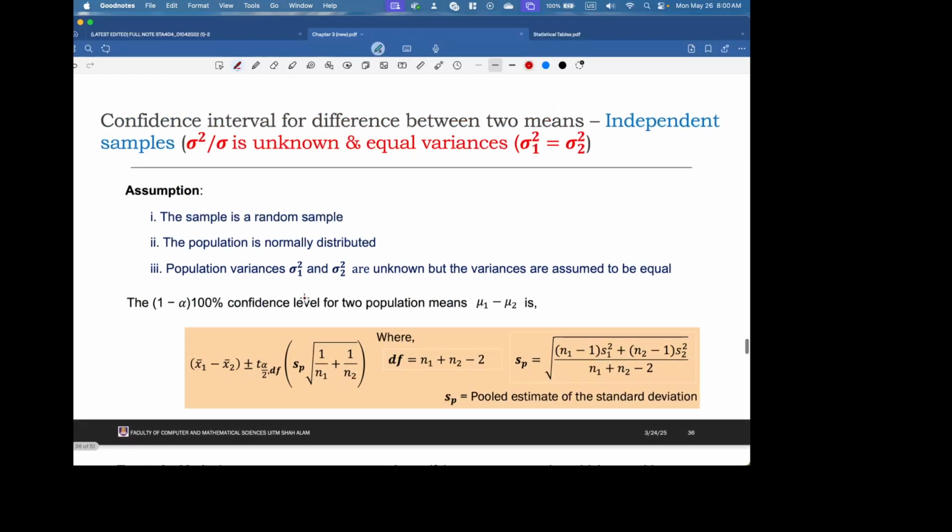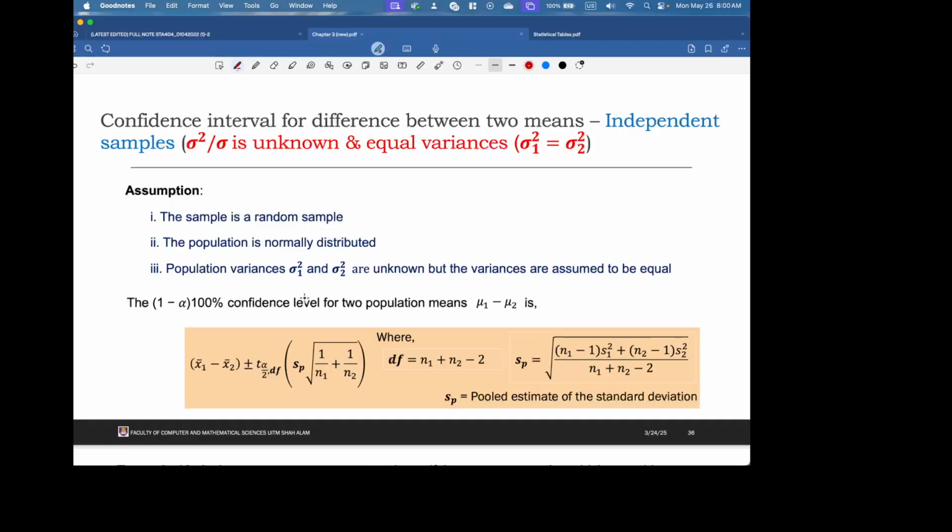This is the assumption for the first case. Suppose that you decide sigma and sigma square are unknown, or the question does not give us the information of the population standard deviation or population variances.